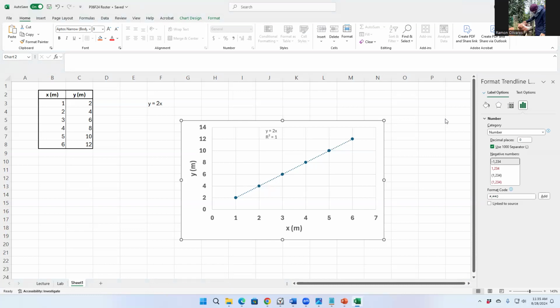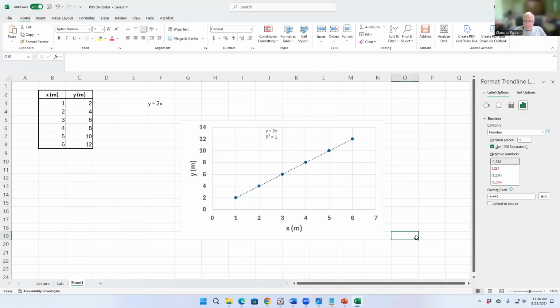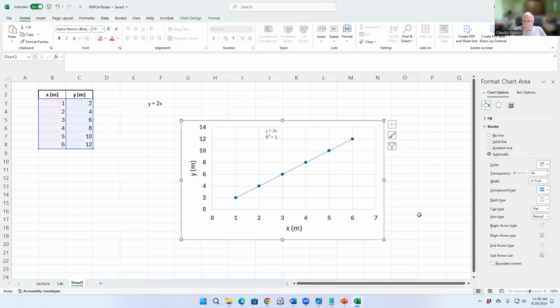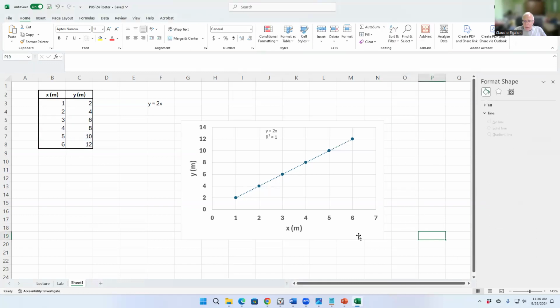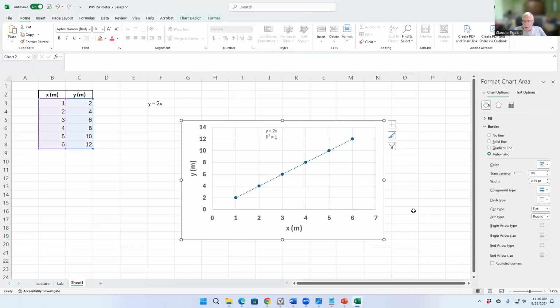I'm using a Mac. Okay, that's why. Mac is a little bit different. When you highlight your graph, you're going to see those 3 options on the top right. Do you see them? No, it doesn't pop up. You don't see it? That's what Mac usually does.